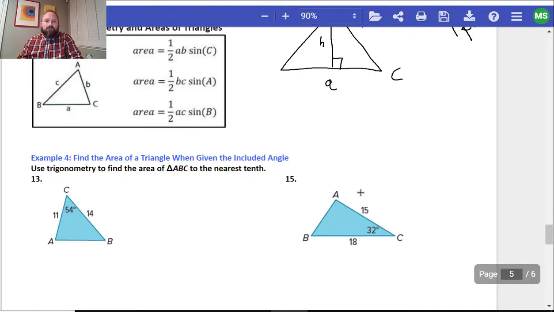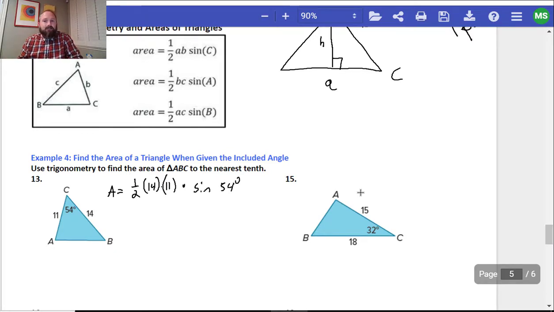So let's do the first one. So remember, it's going to be the sine of the degrees times 1/2 the 2 legs. So the area is equal to 1/2 times 14 times 11, and then we're going to do the sine of 54 degrees.